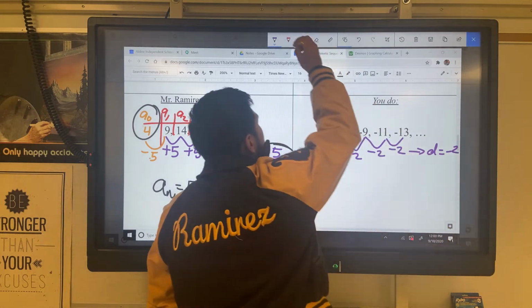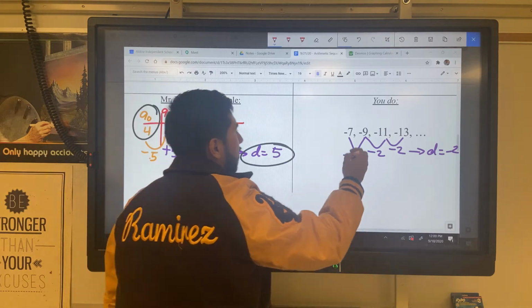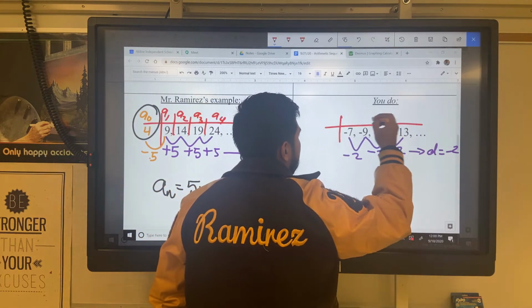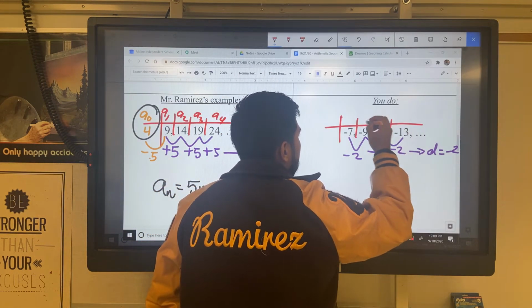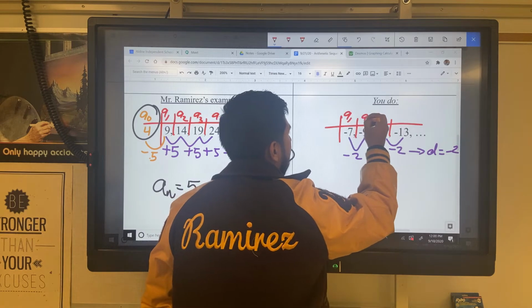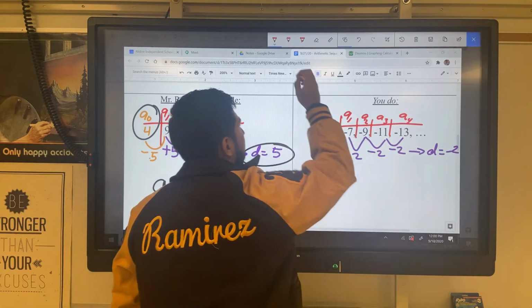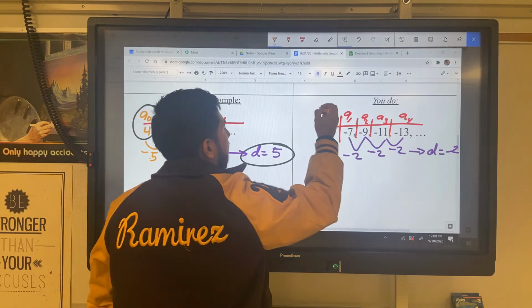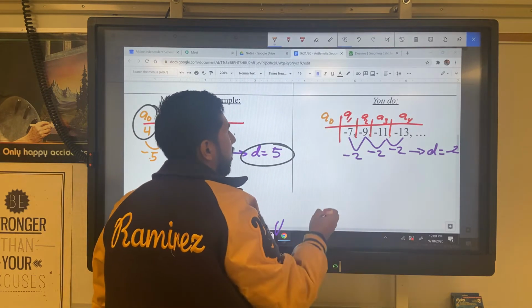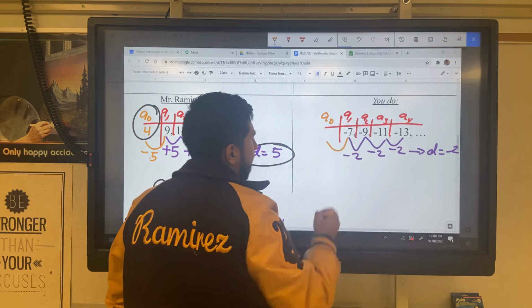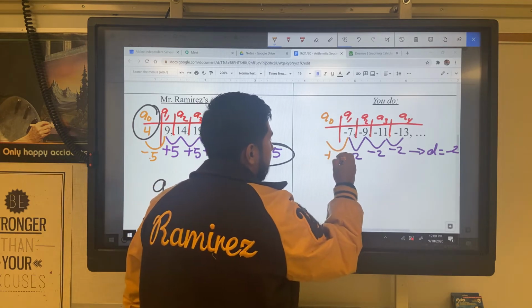And then we draw our table. A1, A2, A3, A4, A0. Going the opposite of -2, so now we're adding 2.